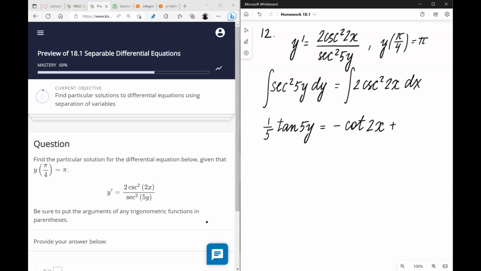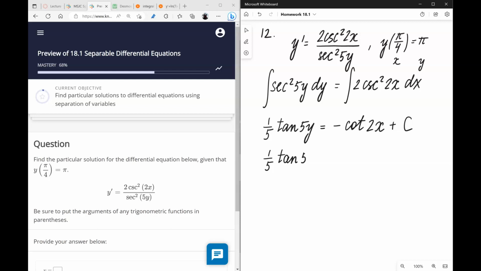2x plus c. Now, to find c, we're going to plug in pi over 4 for x and pi for y, because this is my x, this is my y, and I'm going to take advantage of the implicit form.